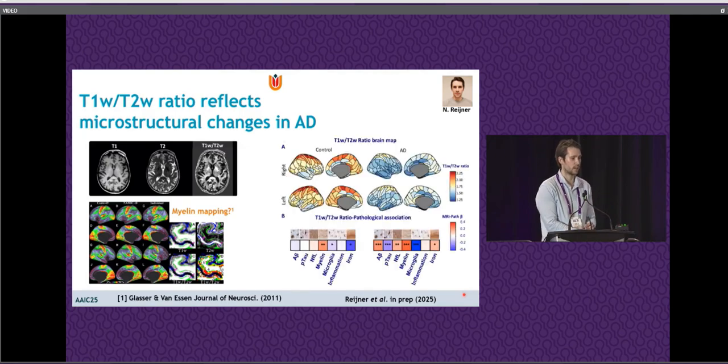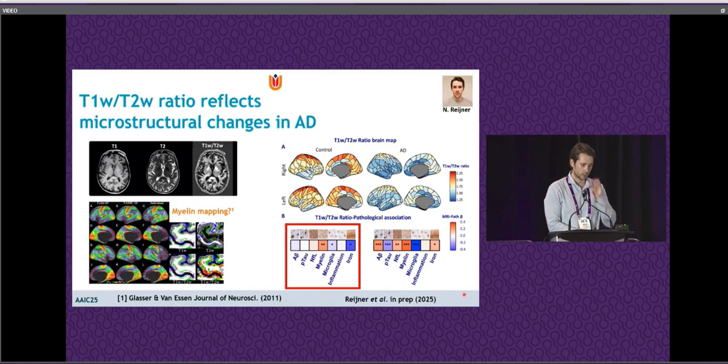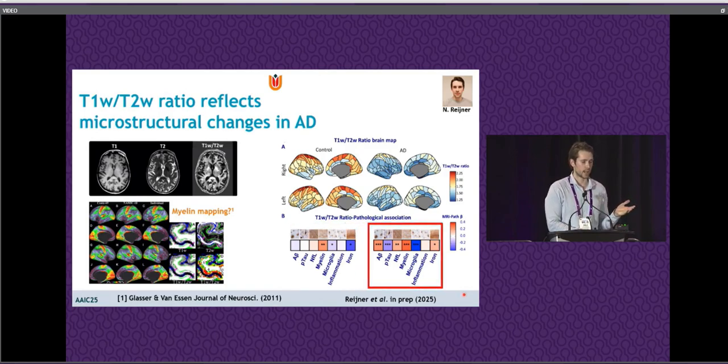And indeed, we see in AD, first of all, a lowering of this T1, T2 ratio. Then if you look in controls, we see that mainly myelin associates. But in AD, we see that other pathological processes also start to associate. So here we validate this simple ratio as a cortical integrity measure.